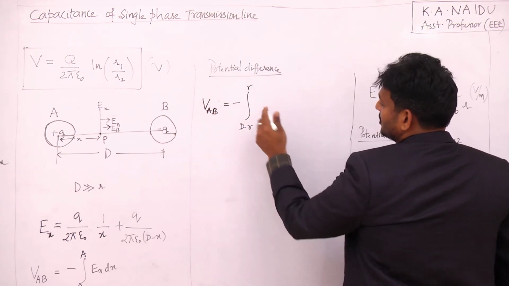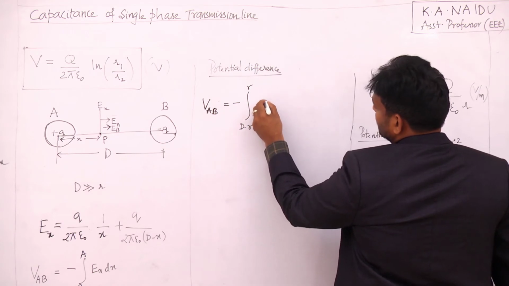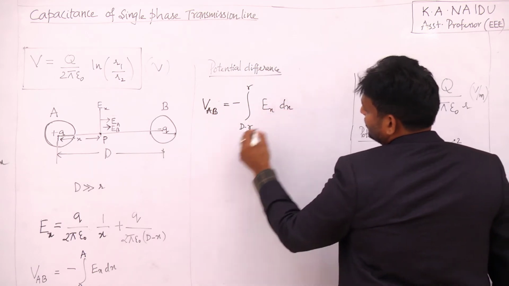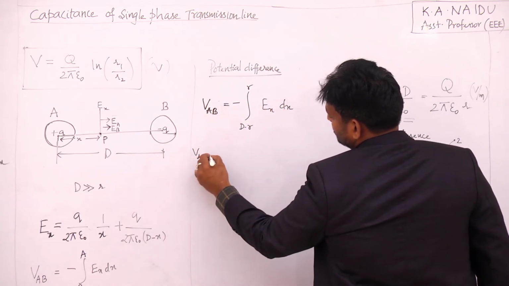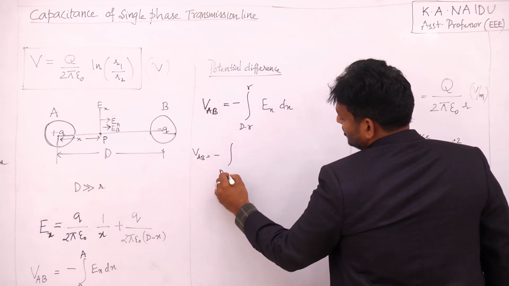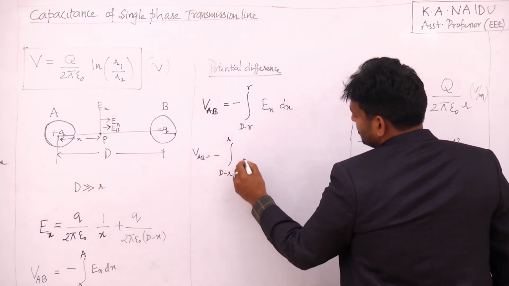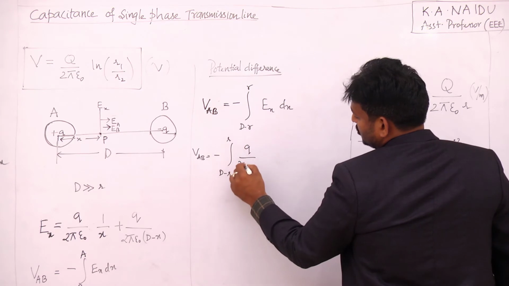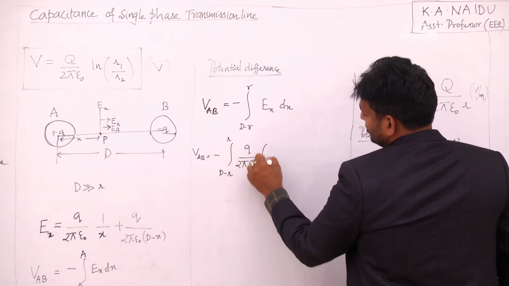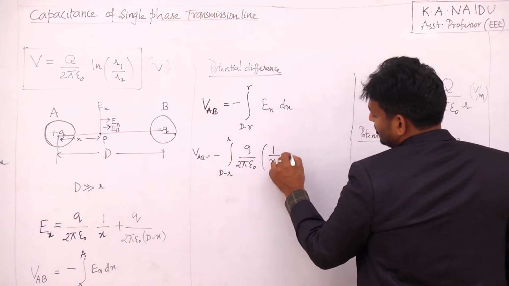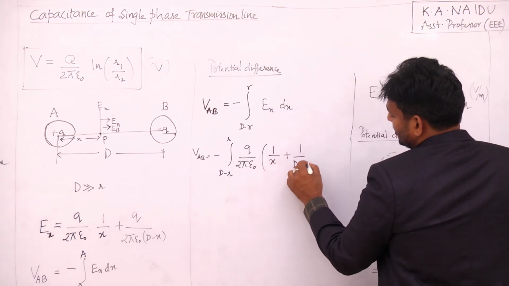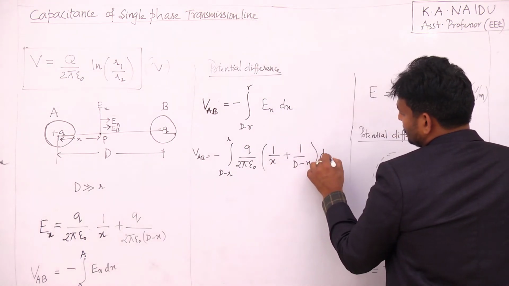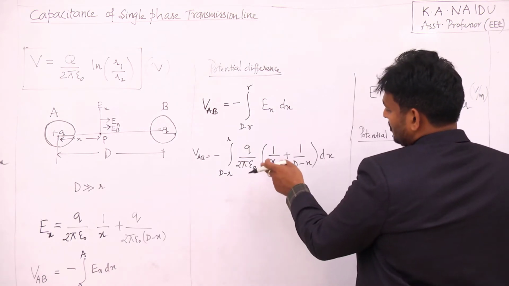and that work done will give the potential difference. So it is Ex into dx, that will give you VAB equal to minus the integral from D minus R to R of Q by 2 pi epsilon naught into (1 by x plus 1 by D minus x) dx.